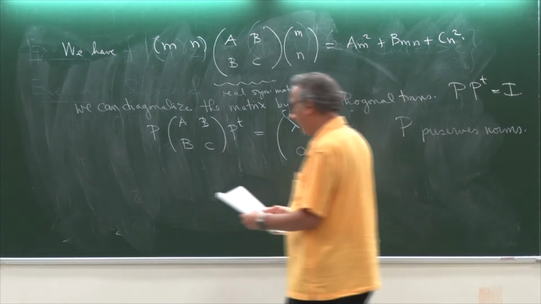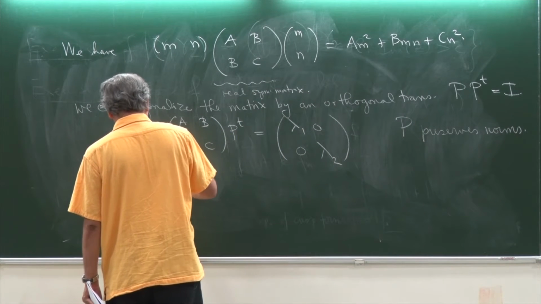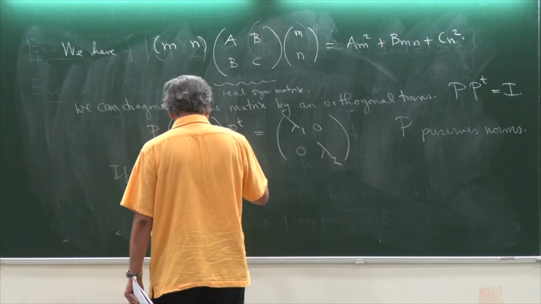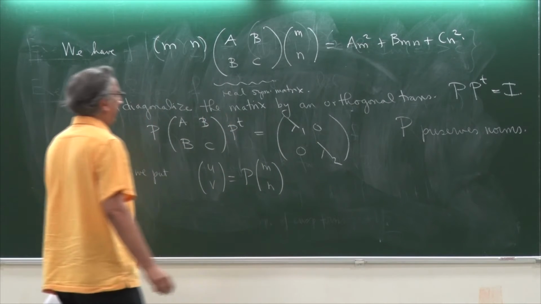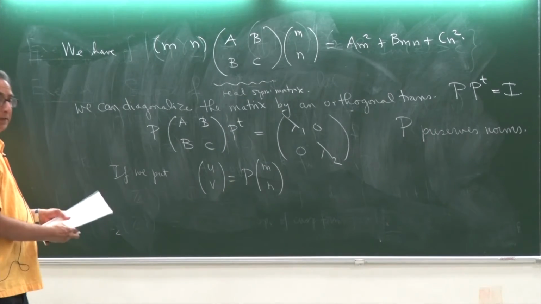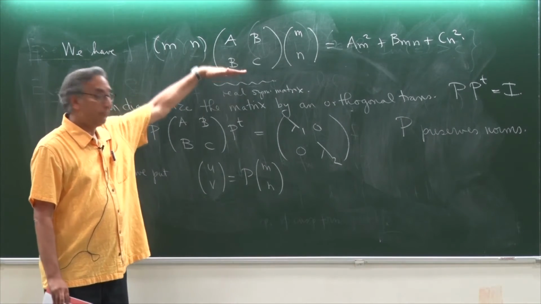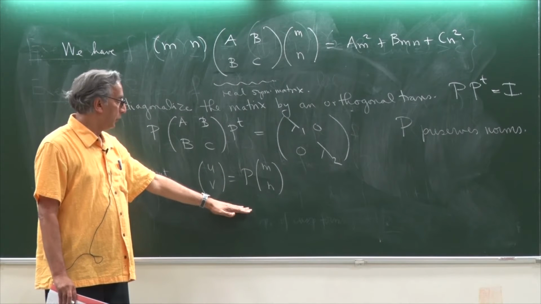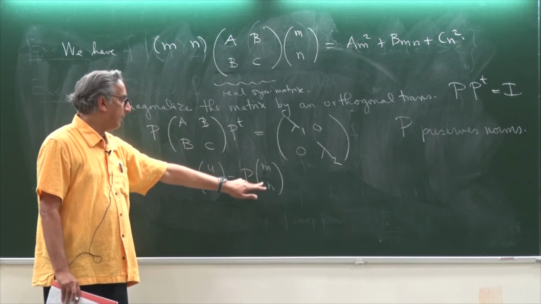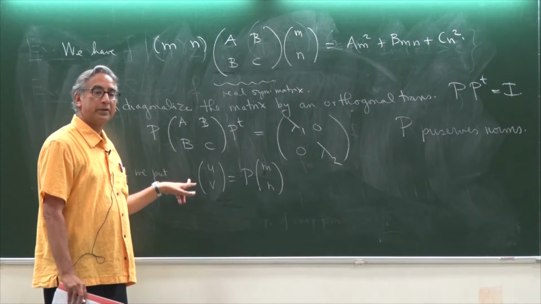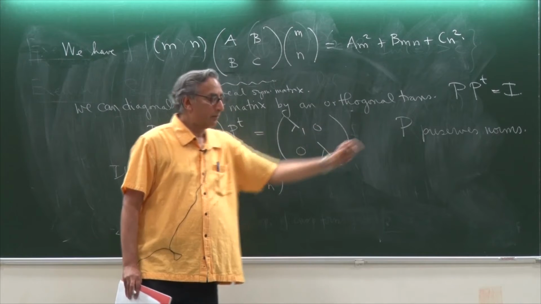Therefore, if we put (u, v) equal to P times (m, n), if we make that change of variable, then you can see that the column vector (m, n) can be written as P inverse times (u, v), but P inverse is P transpose, that's the orthogonal transformation.